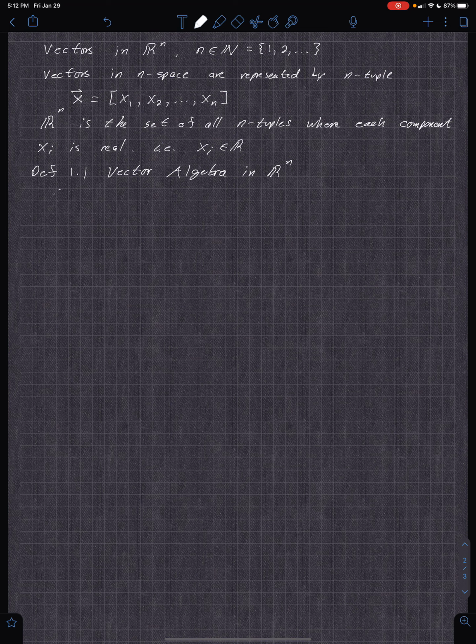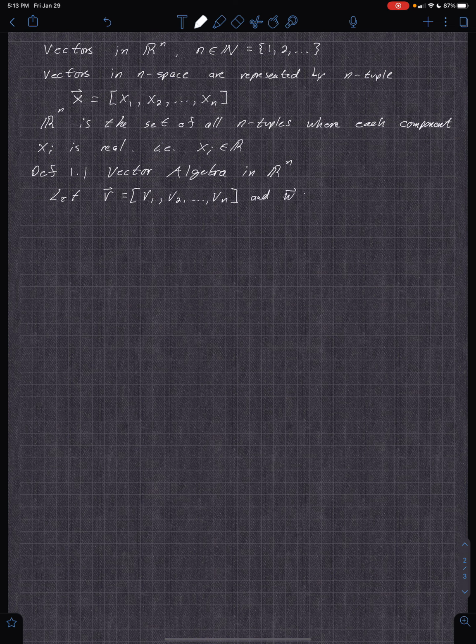So let's let v, we'll use v and w. Sometimes using u is okay, but it's easy to get those confused. So let v equal the n-tuple v1, comma, v2, etc., to vn.